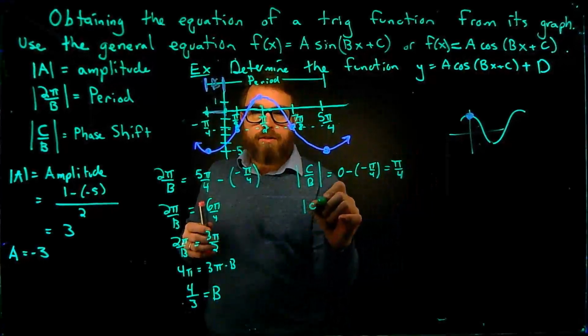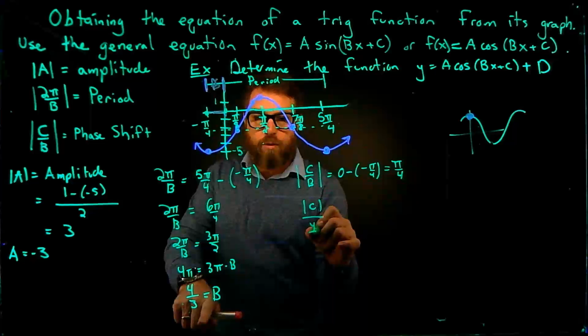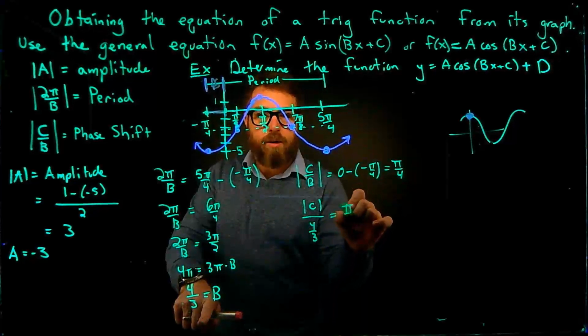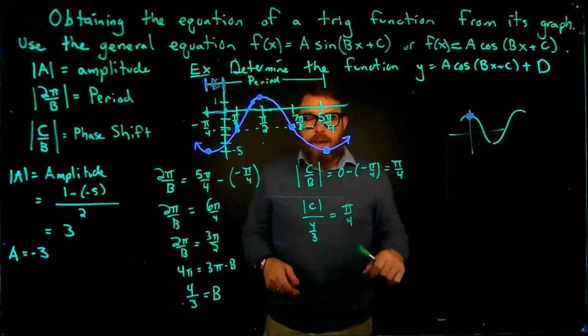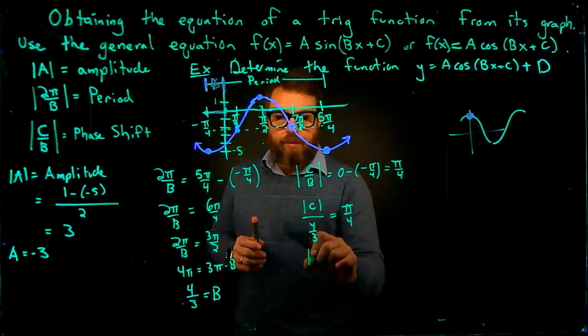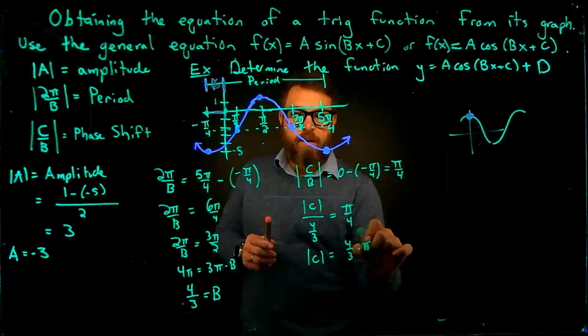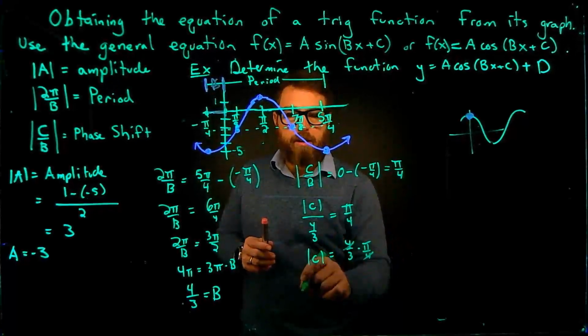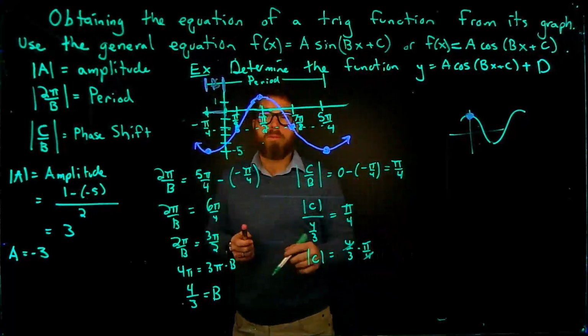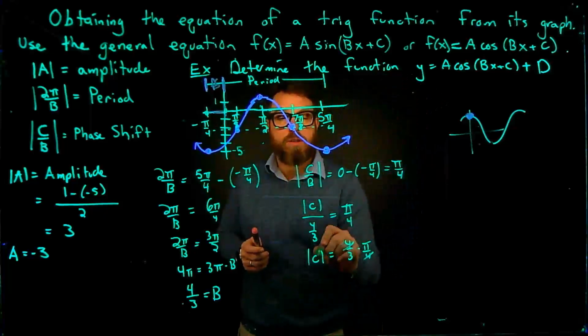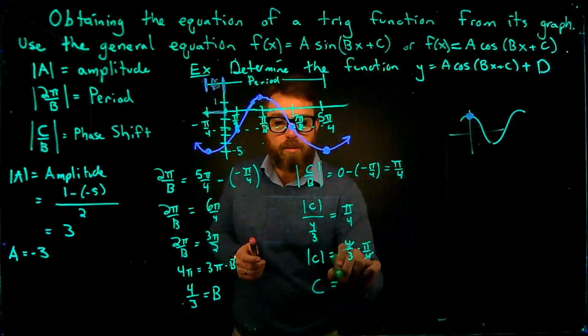Now the absolute value of c over b, where b is 4 over 3, is equal to pi over 4. So the absolute value of c is 4 pi over 3 times pi over 4. Just multiply both sides by the denominator. So this is equal to pi over 3, but since it's been shifted this way, we know c is actually positive pi over 3.